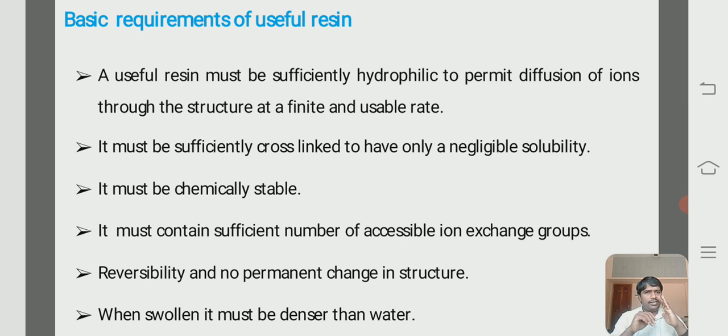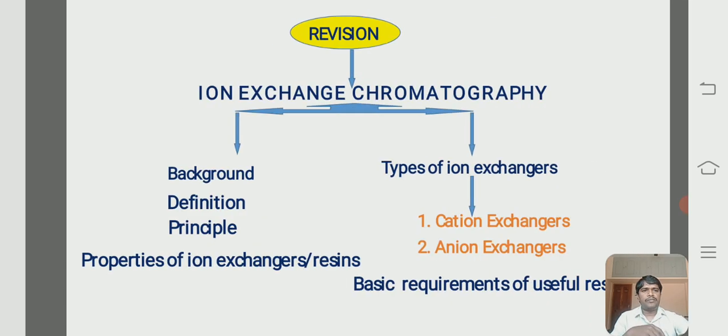It must contain a sufficient number of accessible ion exchange groups. Next, reversibility and no permanent change in structure. This is also one important requirement: when this resin is swollen, it must be denser than water. These are the basic requirements of a useful resin.